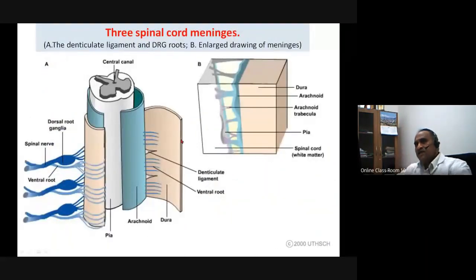This is again a little bit enlarged view of this, showing the pia mater, the arachnoid mater, and the dura mater, the dorsal root, the ventral root, dorsal root ganglion, and the various structures. So how they are secured, all these things are there in the bony canal.